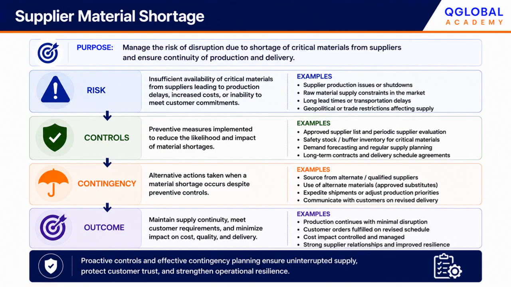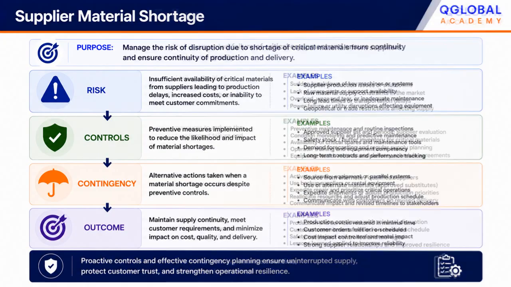If a shortage still occurs, contingency actions may include using approved alternative suppliers, consuming available inventory strategically, prioritizing customer orders, or using approved substitute materials where permitted. The objective is to continue production, protect customer commitments, and minimize delays while normal supply conditions are restored. Strong supplier relationships and effective contingency planning significantly improve supply chain resilience.